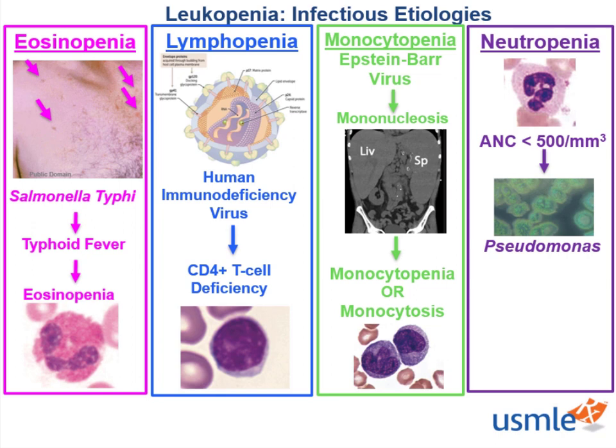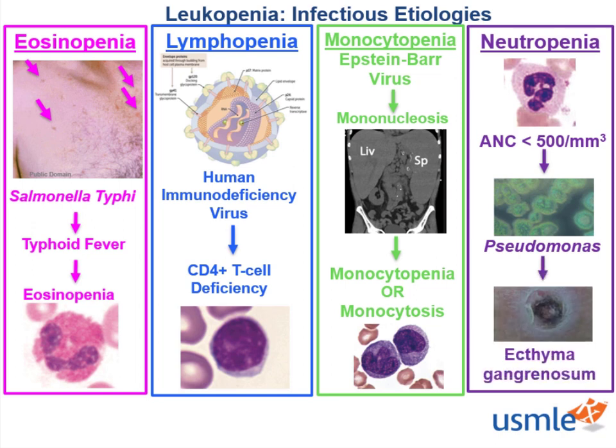A patient with severe neutropenia can classically develop a Pseudomonas infection presenting with ecthyma gangrenosum. This is why neutropenic patients have anti-pseudomonal antibiotic coverage. Make sure you know all the antibiotics that cover Pseudomonas before going in for test day.